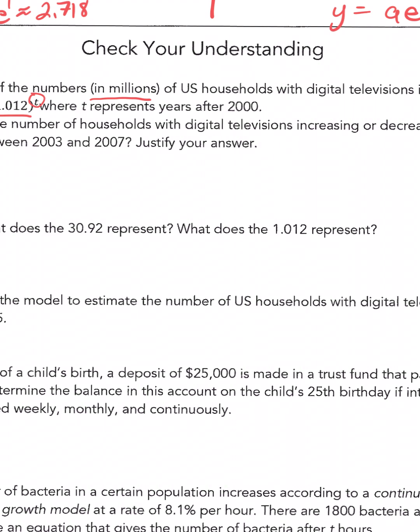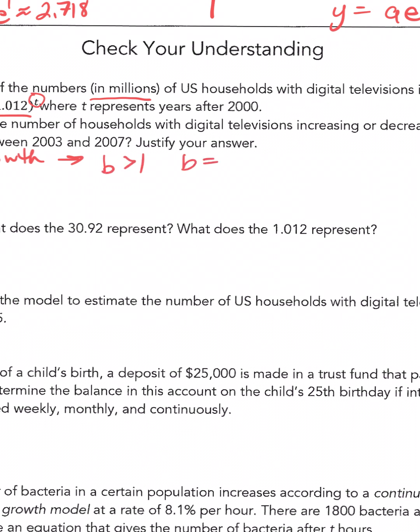Part A says, is the number of households with digital televisions increasing or decreasing between 2003 and 2007? Well, we ask ourselves, is this a growth equation? If it's going to be growth, then you know B is greater than 1. Well, what is B in this case?